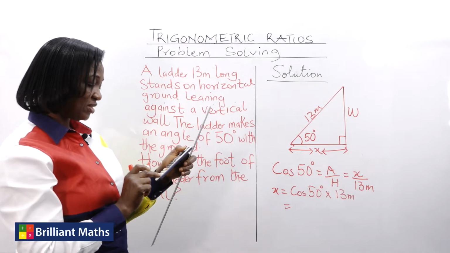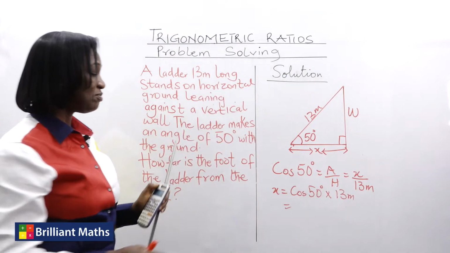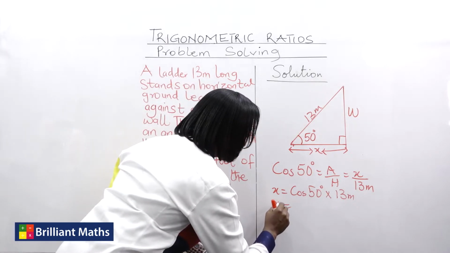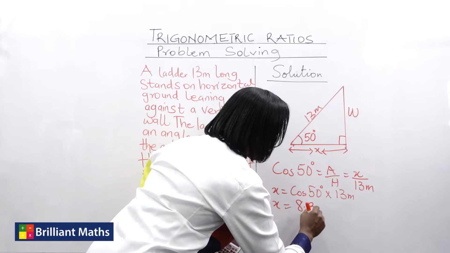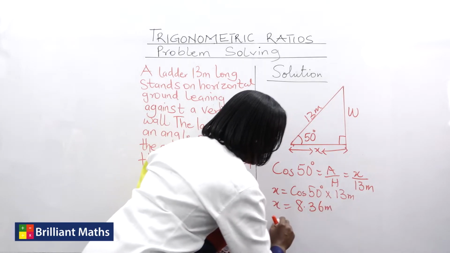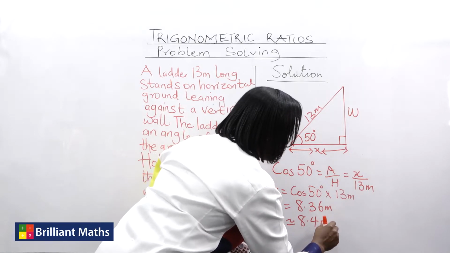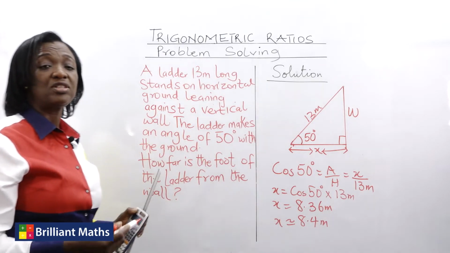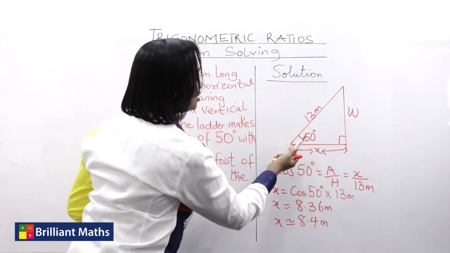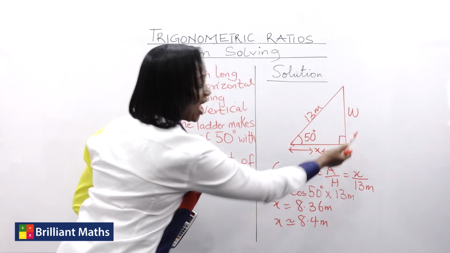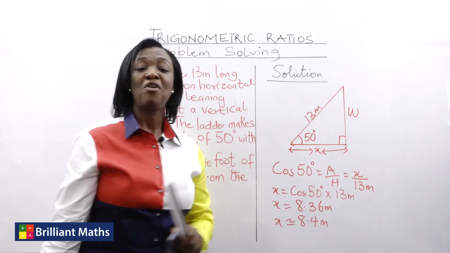And that will give us 8.36 meters. So x is equal to 8.36 meters. x is approximately 8.4 meters. So that tells us that the distance between the foot of the ladder and the vertical wall is 8.4 meters.